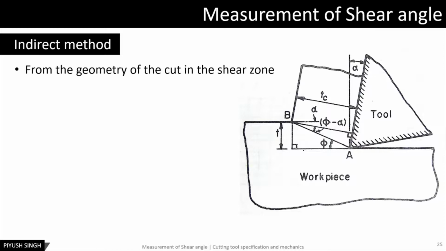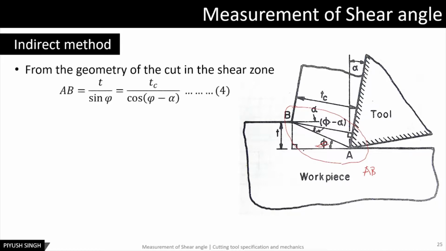Now let us consider the geometry of the cutting zone, of the shear zone. Here AB is the shear plane. This shear plane makes an angle phi with the cutting velocity.